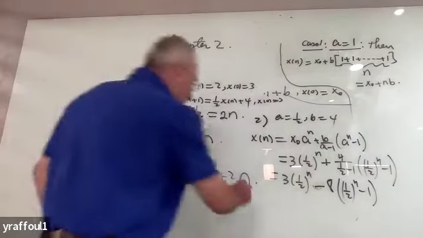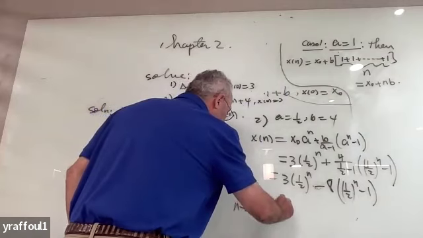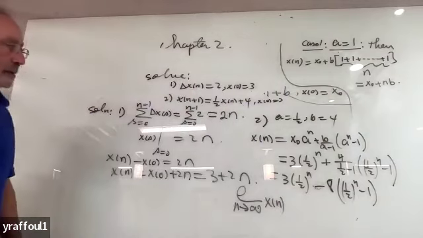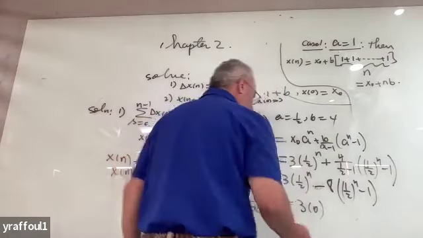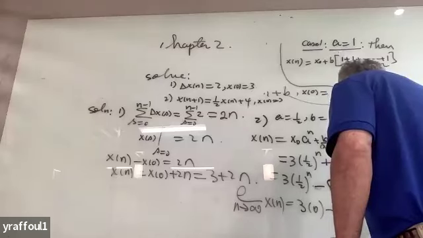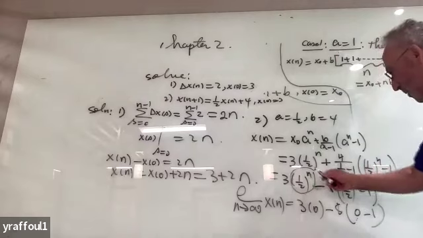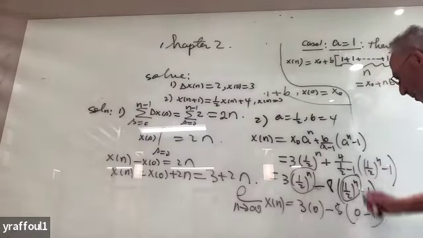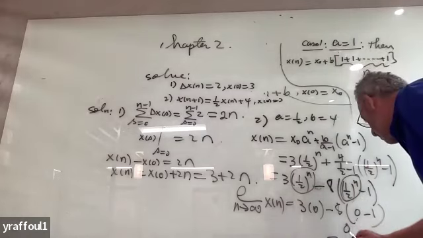So what happens in this case as the limit as n goes to infinity of xn? That will be 3 times 0 minus 8 times 0 minus 1. Because as n goes to infinity, this goes to 0, this goes to 0. So that is 8.